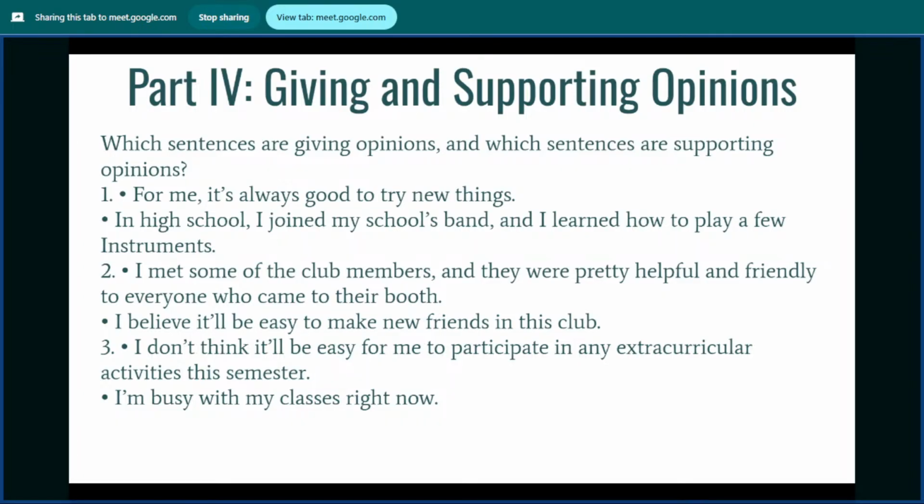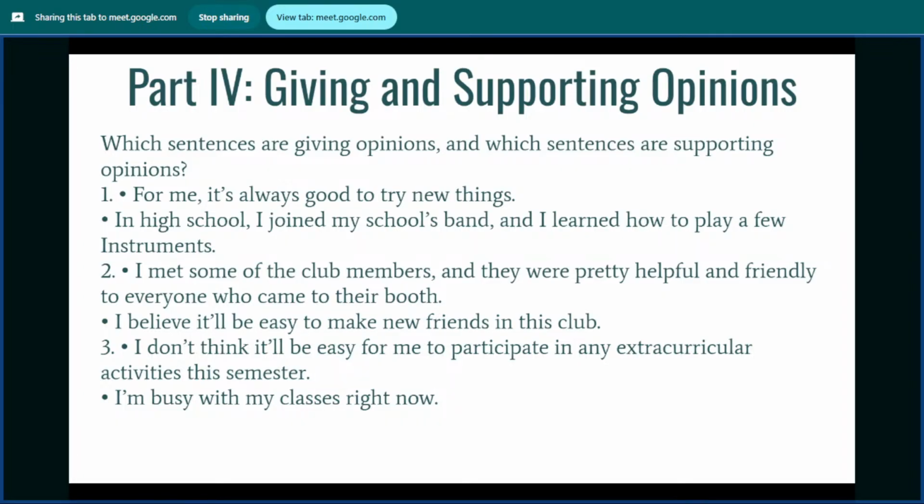Hamza, tell me for number two. Ma'am, the first one is a supporting opinion, and the second part of the second question is the opinion. Very good. Number three, Arti. It's again an opinion. The first sentence is the opinion, and what about the second sentence?